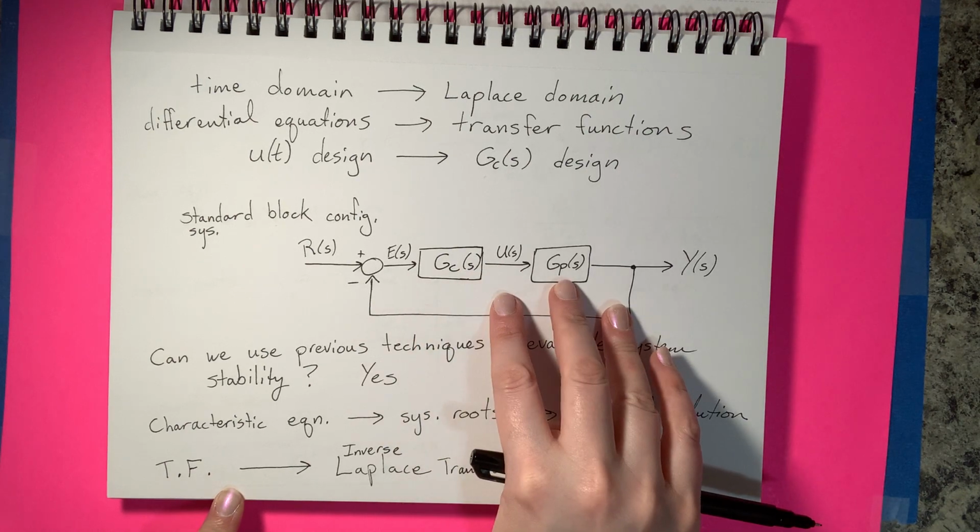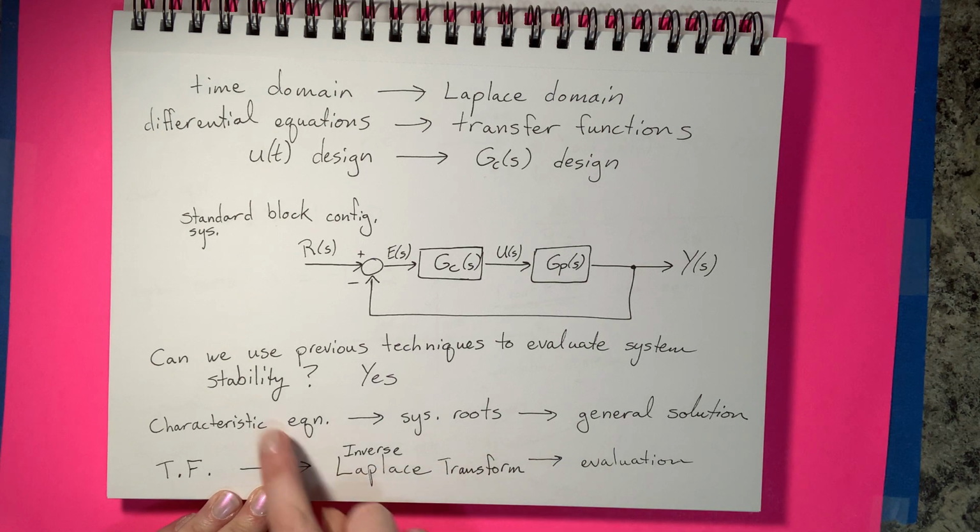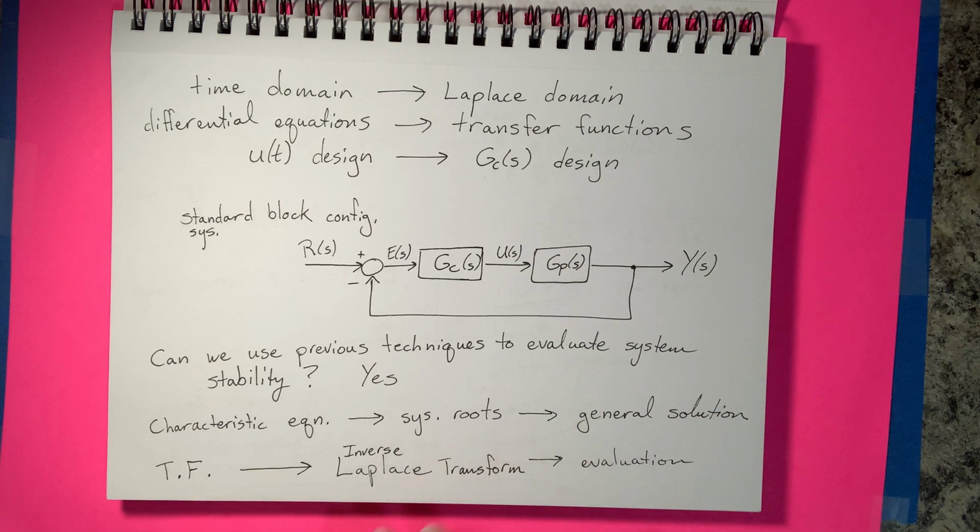It may have different parts to it, and I may need to do something like partial fractions to expand that out and then do the inverse Laplace transform. And then I can go through all of this right here. If it's even needed, I may be able to just arrive at a general solution in that way.